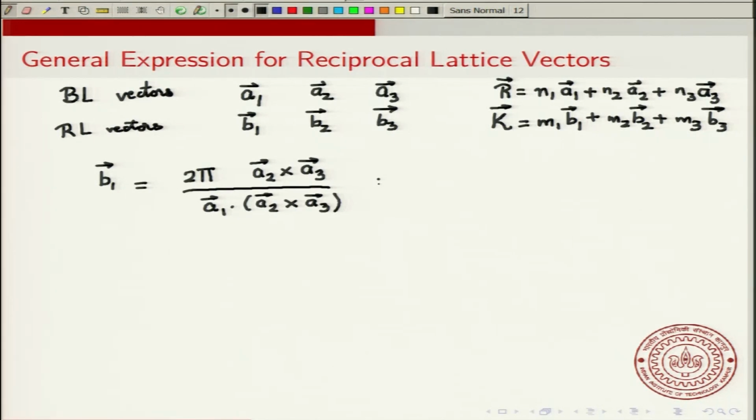Similarly, I can write B2 as 2 pi A3 cross A1, and you have to follow a cyclic order, divided by A1 dot A2 cross A3.